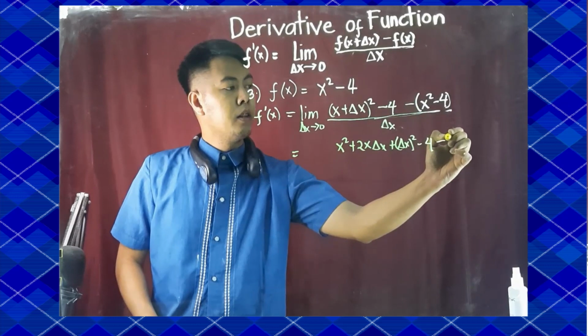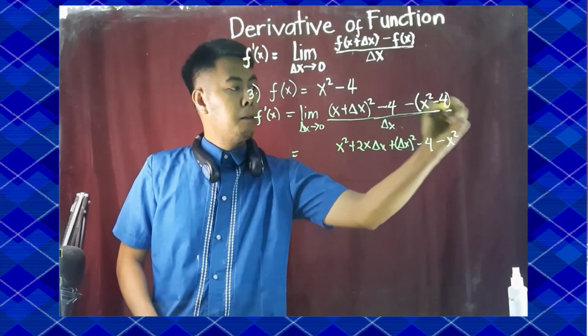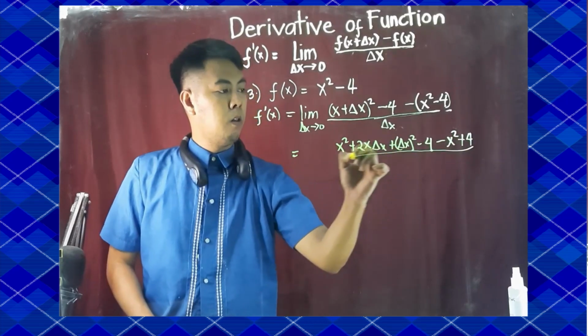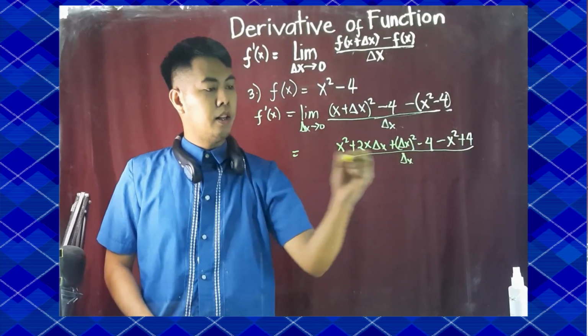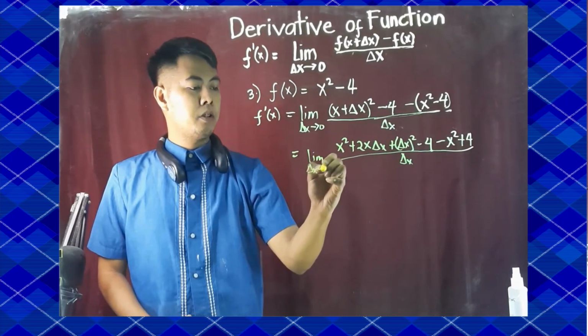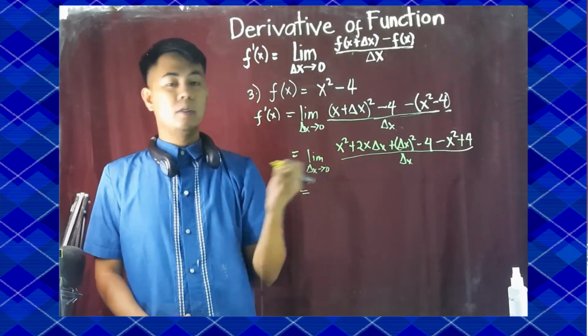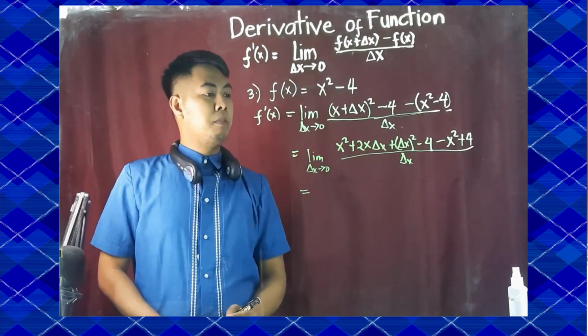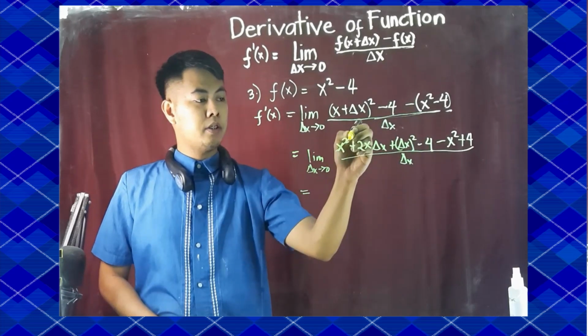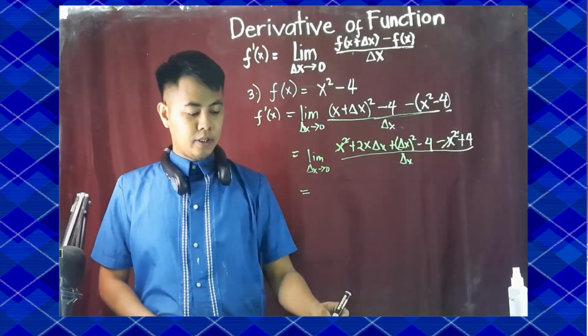So this becomes negative x squared plus 4 all over delta x. So that's the limit where delta x approaches 0. And then simplify. So we have x squared minus x squared. So that is 0 or cancel.